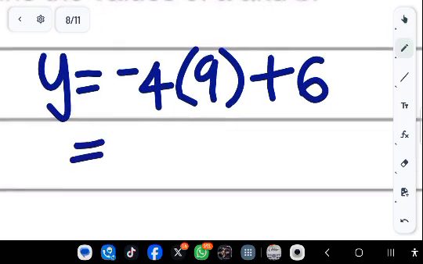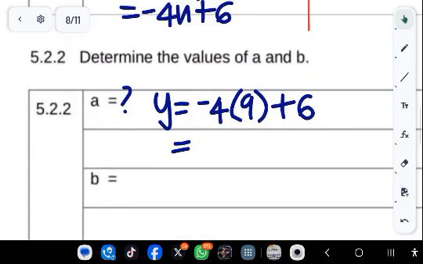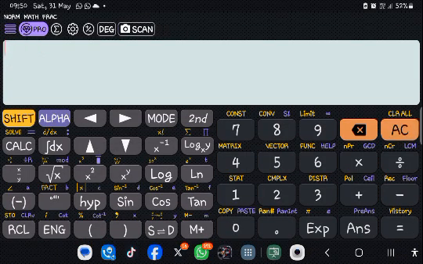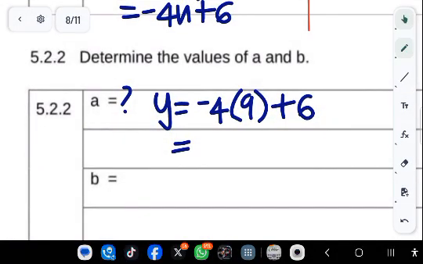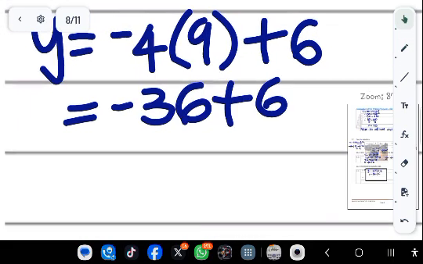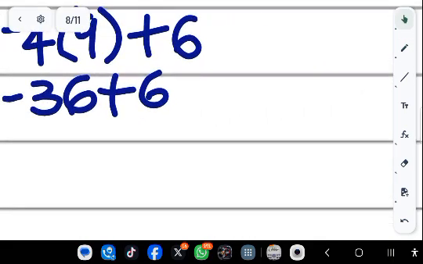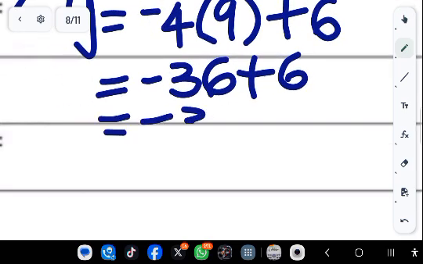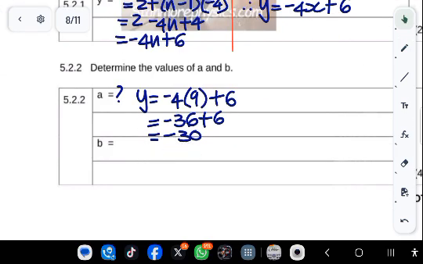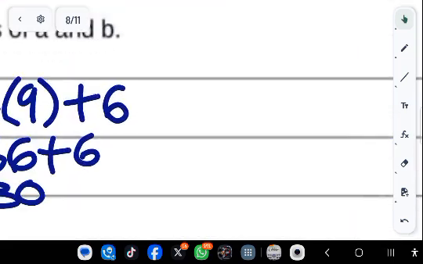Negative 4 times 9, that is negative 36. Negative 36 plus 6 gives us negative 30. And that is a. a equals negative 30.